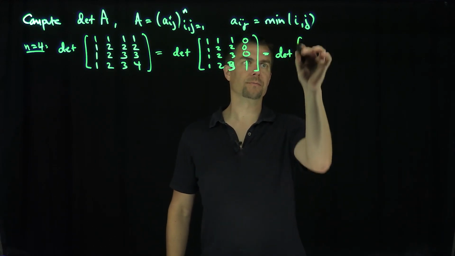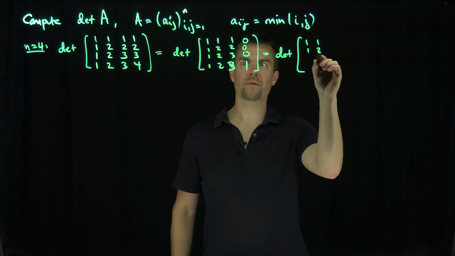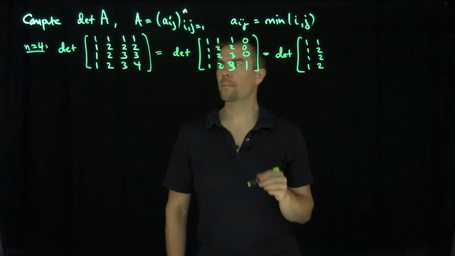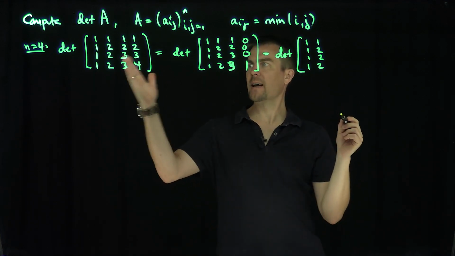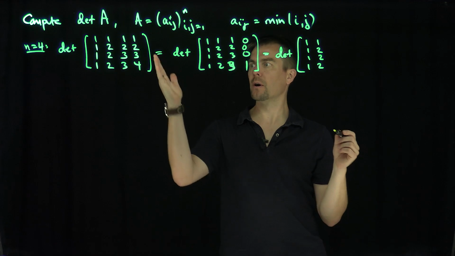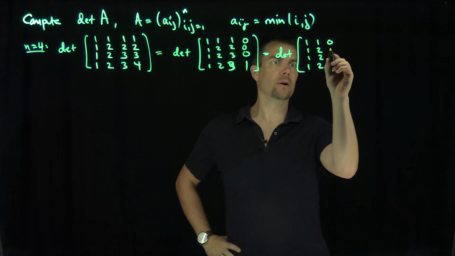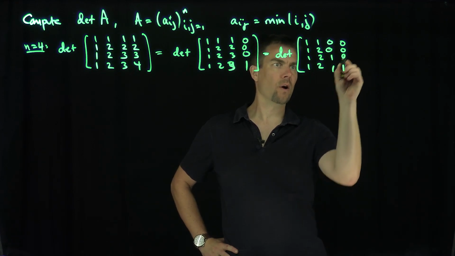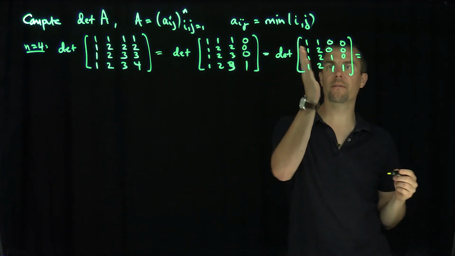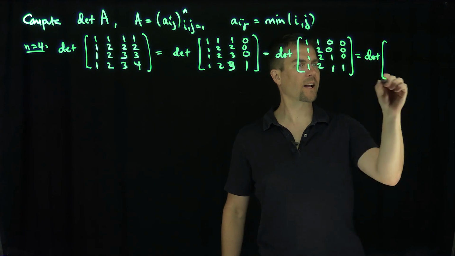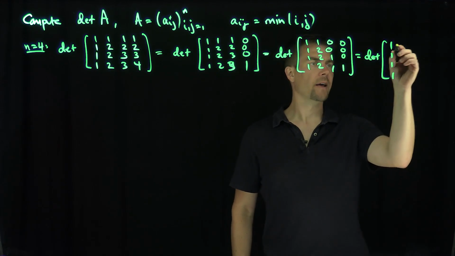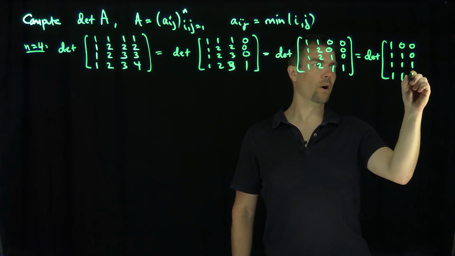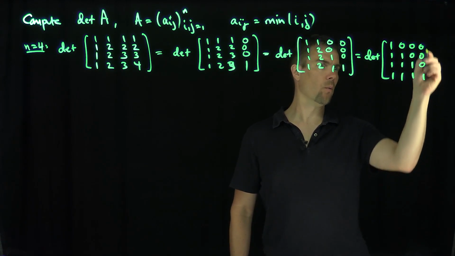Finally, I'll subtract the first column from the second column, and then I'll have 0, 1, 1, 1, 0, 0, 1, 1, 0, 0, 0, 1, like so.